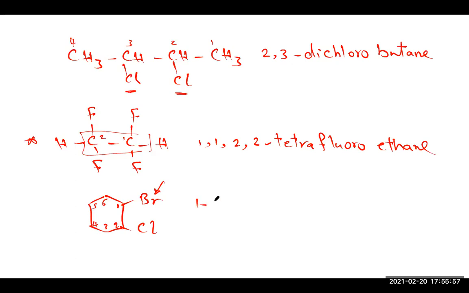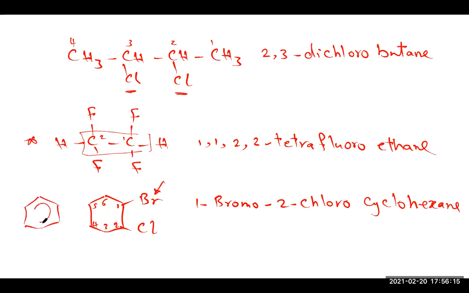So it will be 1-bromo-2-chloro, and this one is cyclohexane, and it's not benzene. Okay, benzene will be like this. So they are not equal here. This one is cyclohexane, it's not benzene.